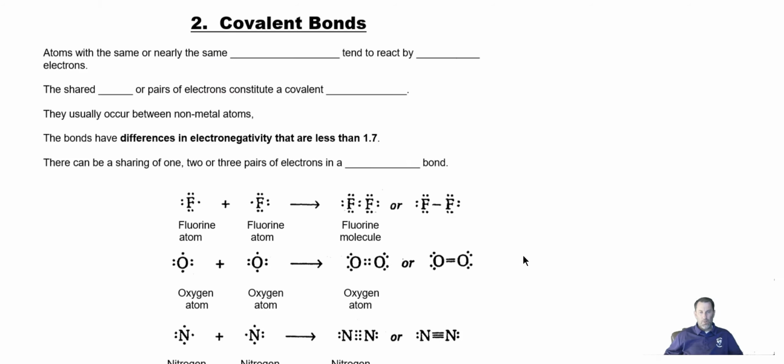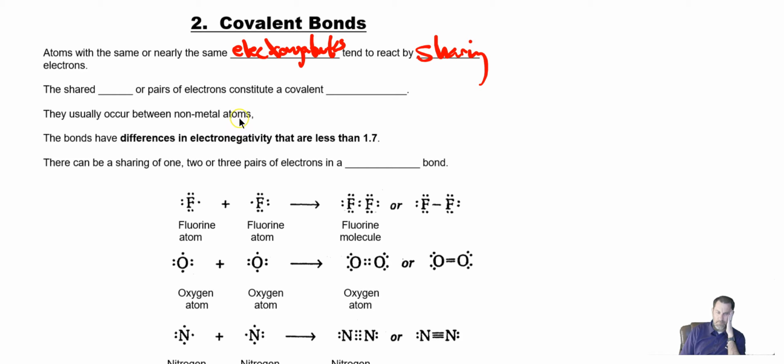Now let's just go ahead and fill in the notes. So covalent bonds: atoms with the same or nearly the same electronegativities tend to react by sharing electrons. The shared pair or pairs of electrons constitute a covalent bond.